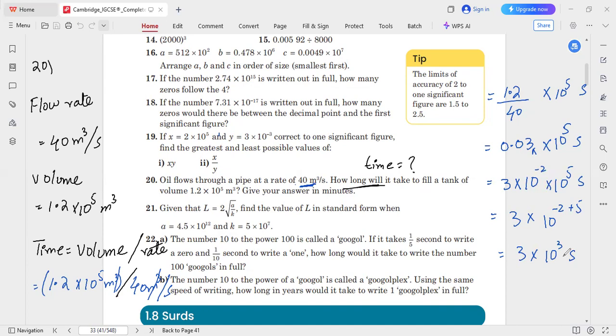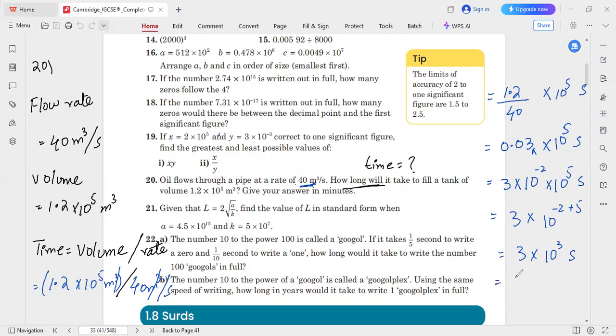But one more thing that they are asking over here is that we need to convert these seconds into minutes as well. They're saying to give your answer in minutes. So to change seconds into minutes, we know that there are 60 seconds in 1 minute.